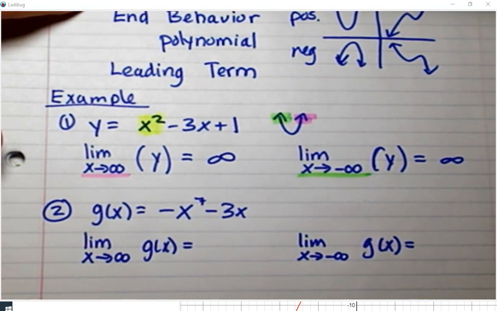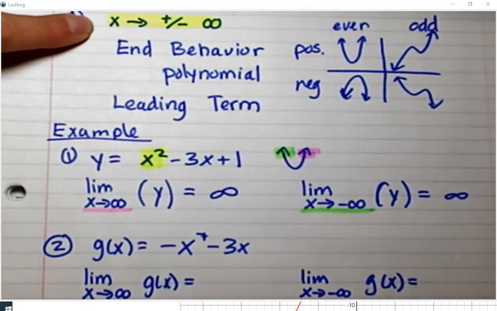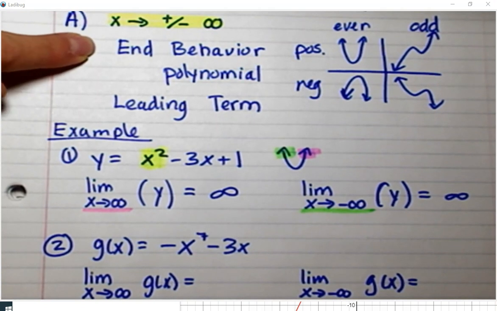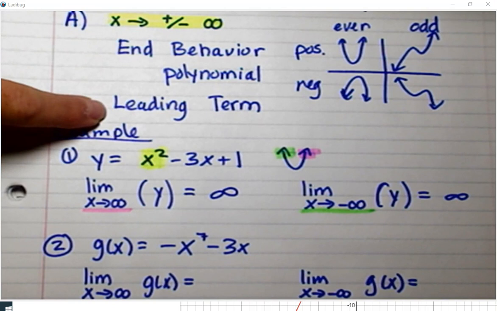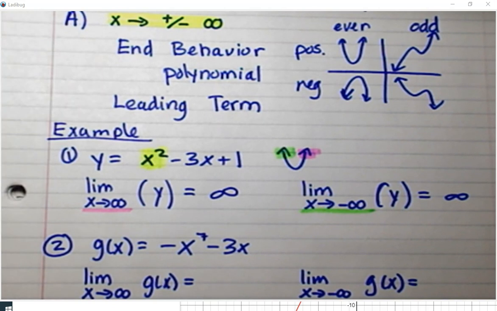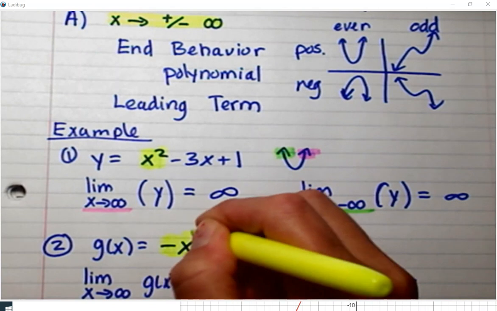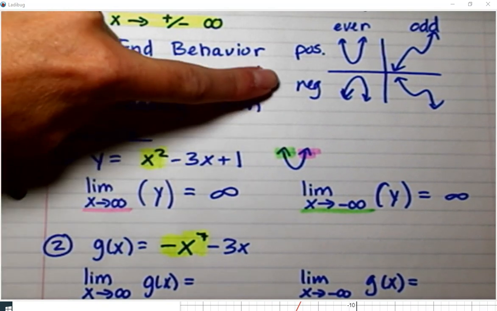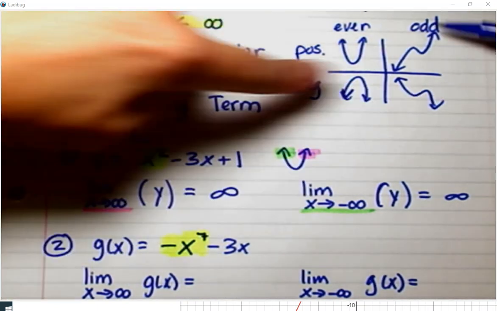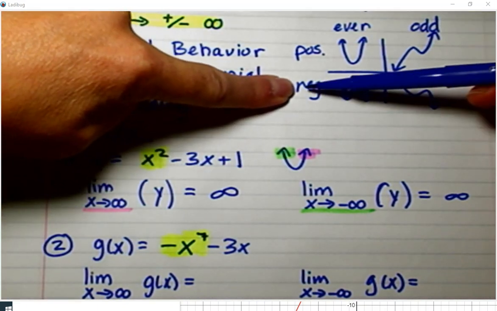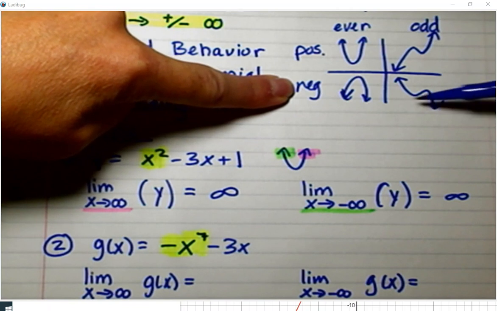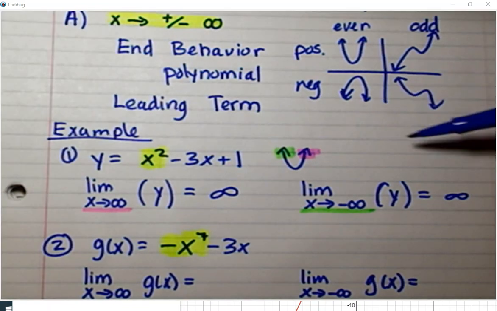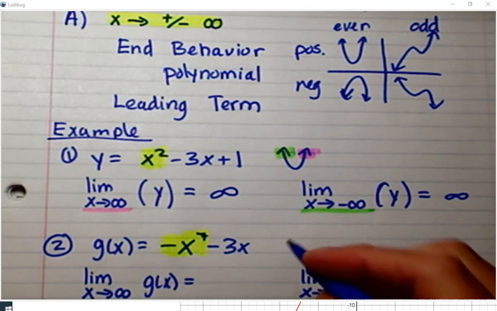So I'm going up here. So x is approaching positive and negative infinity. So that puts me in the end behavior category, which is asking me to look at the leading terms. So I'm going to highlight my leading term, which includes the sign in front. Okay, so I checked my chart. It's a negative odd. Okay, the number in front is negative and the degree is odd. So that means that this bottom right picture is what the arrows are doing.